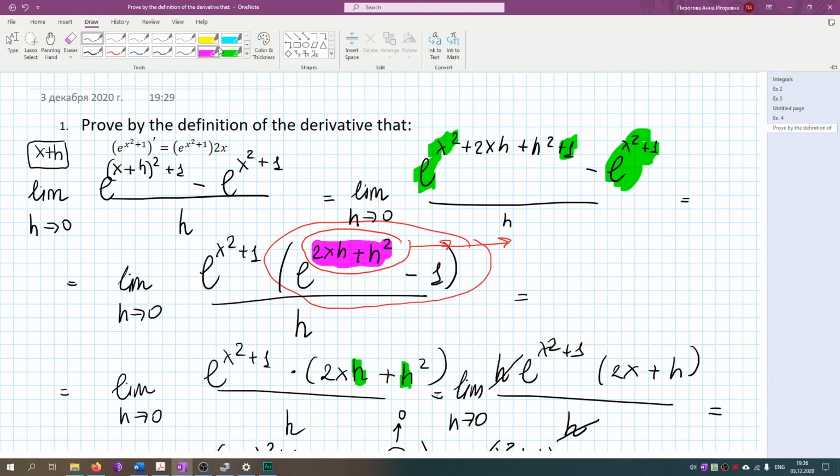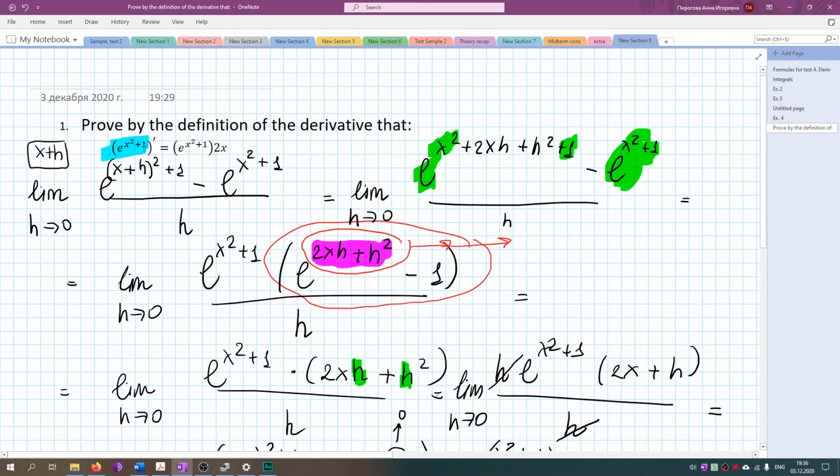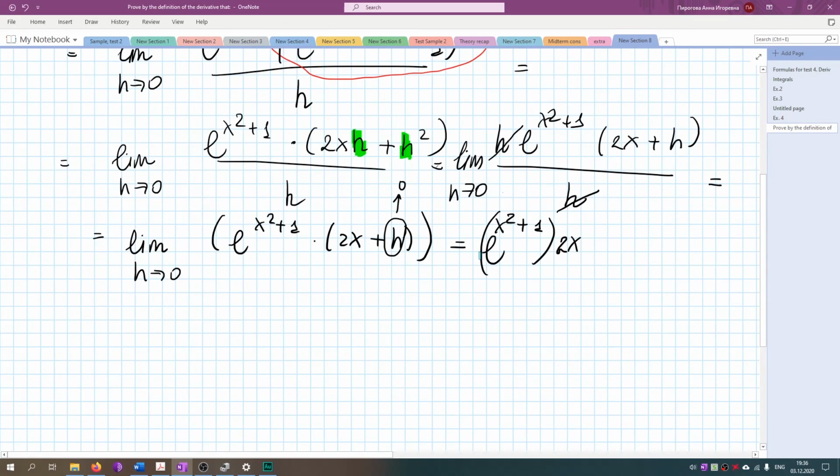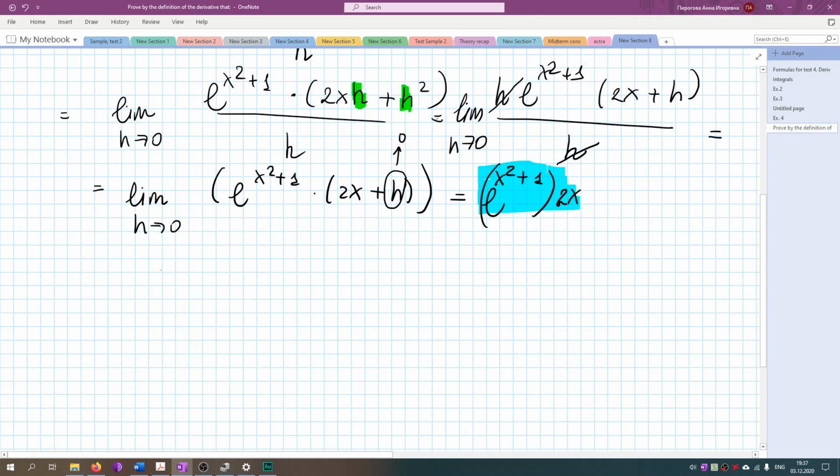That proves that this part is equal to this one. So we have proved that the derivative of this function is indeed equal to this one, and that is the answer.